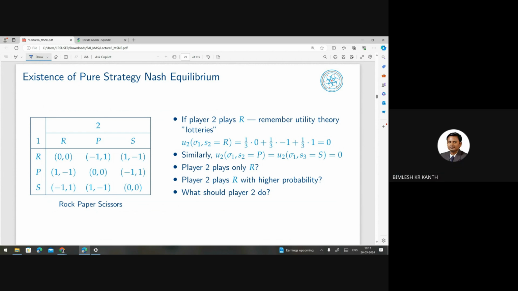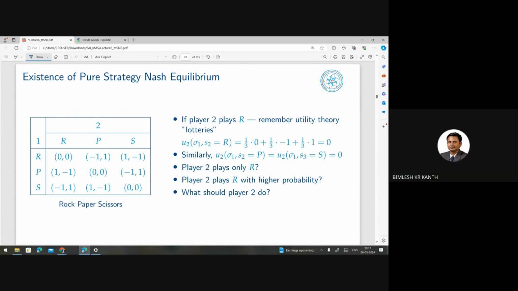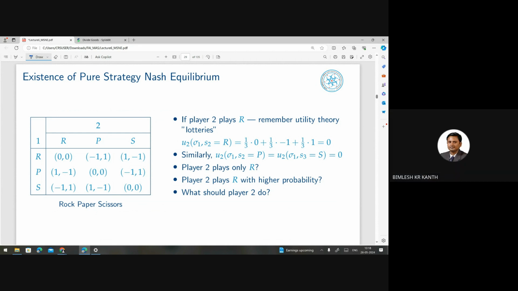Player 2 has three strategies, and it can play any of the three, because there is no dominant strategy, so we can't say which. But if it plays one of them deterministically, if player 2 is fixated at one strategy, will it commit to it? Not necessarily.